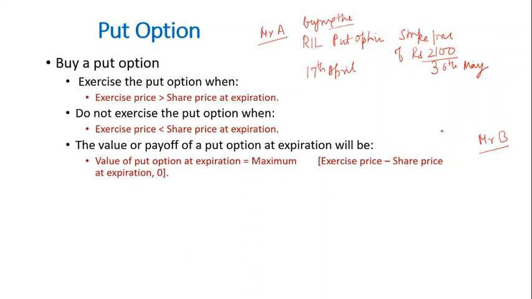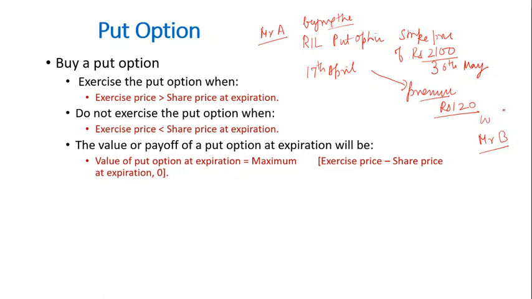Now, since Mr. A is buying a right, he has to pay a premium. So for buying this choice that he has a right to sell the Reliance stock at 2100 rupees, he will pay a certain premium. Let's assume this premium is rupees 120. So he's paying a premium of rupees 120 to Mr. B, who is the writer of this put option.